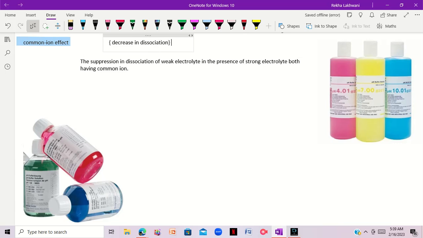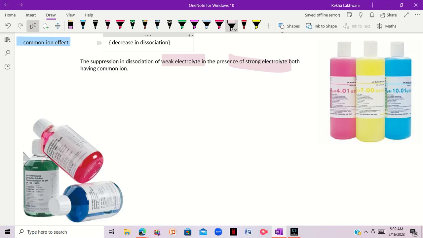Decrease in dissociation means the suppression in dissociation of weak electrolyte in the presence of strong electrolyte, both having a common ion, right?